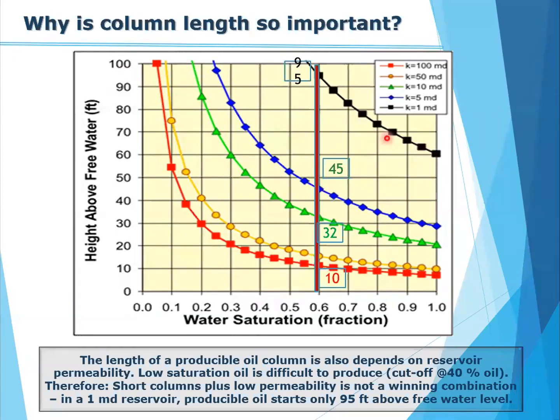So if we are in a 1 millidarcy reservoir, then we need to discount 95 feet above the free water level to come to a producible setting, which would mean that if it's a high relief structure, then maybe I don't mind too much. But if it's a low relief structure, we could not do much about it. Next, please.